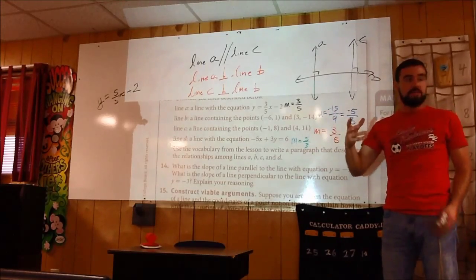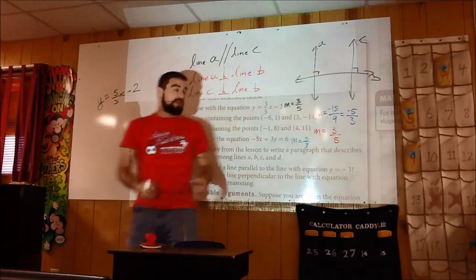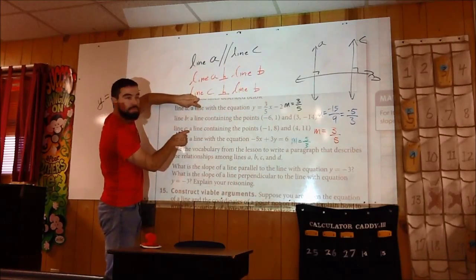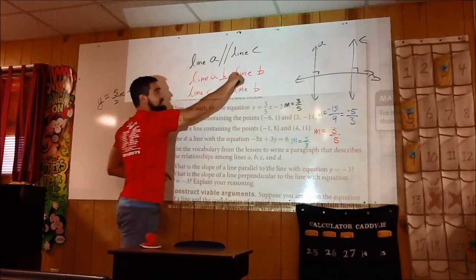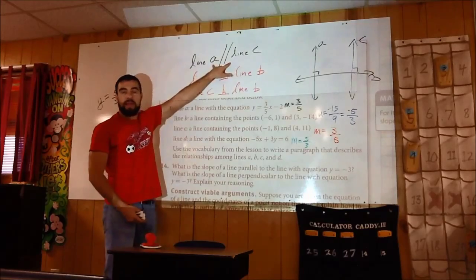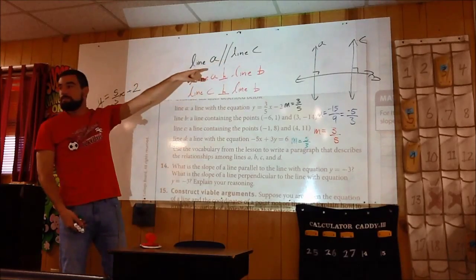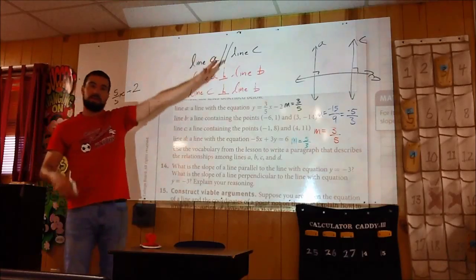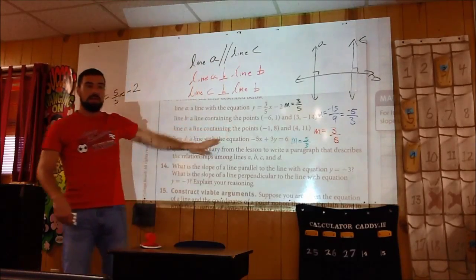We're seeing it with these actual values, that if you have two lines, line A and line C, that are perpendicular to the same line, then they have to have the same slope. They're going to be parallel to each other as well. So same exact theorem, just two different approaches. One with strictly diagrams, one with numbers.